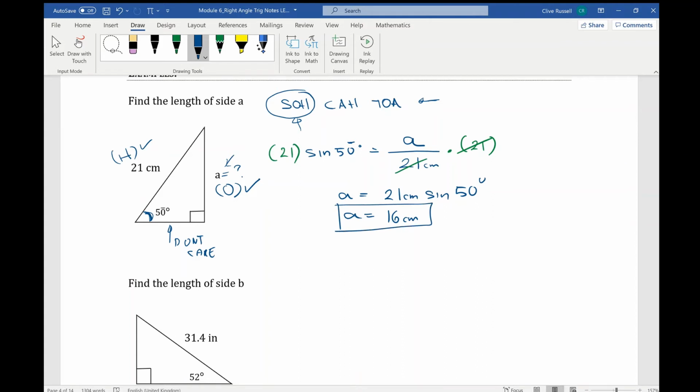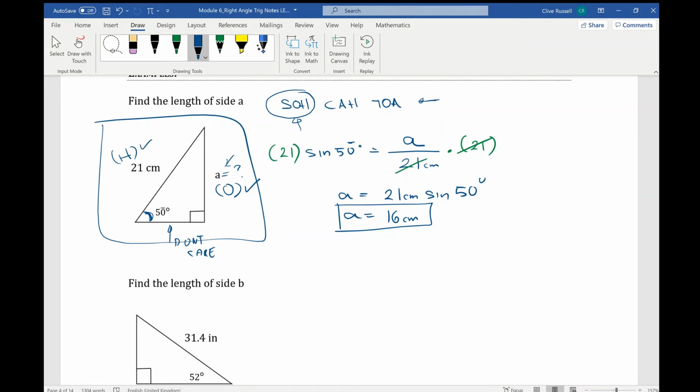All right? So let's recap. You're given a problem. You first of all ask, what in my toolbox do I need to use? Is it the sum angle theorem, the Pythagorean theorem, or SOHCAHTOA, the trig ratios? Well, we know why we eliminated the first two, the sum angle and the Pythagorean.